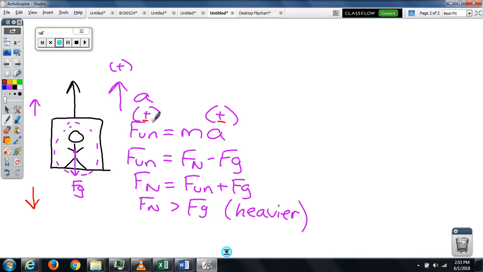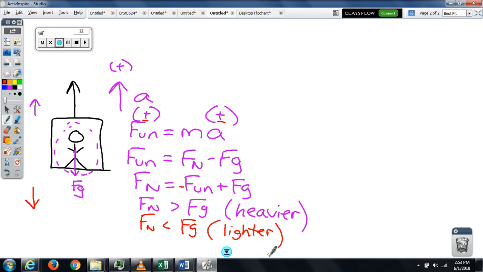Even if you left this the same, since Fnet will have to be negative, you'll be subtracting Fnet from Fg, and so Fn will be less than Fg, and in those cases you feel lighter.